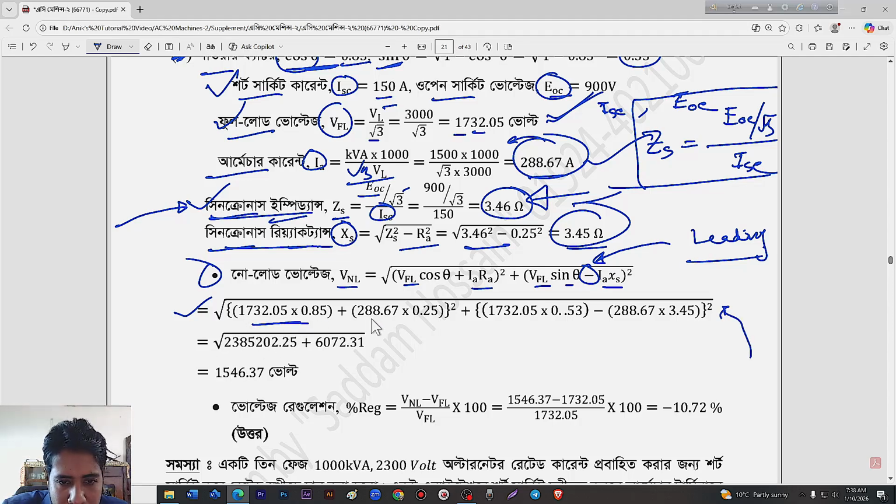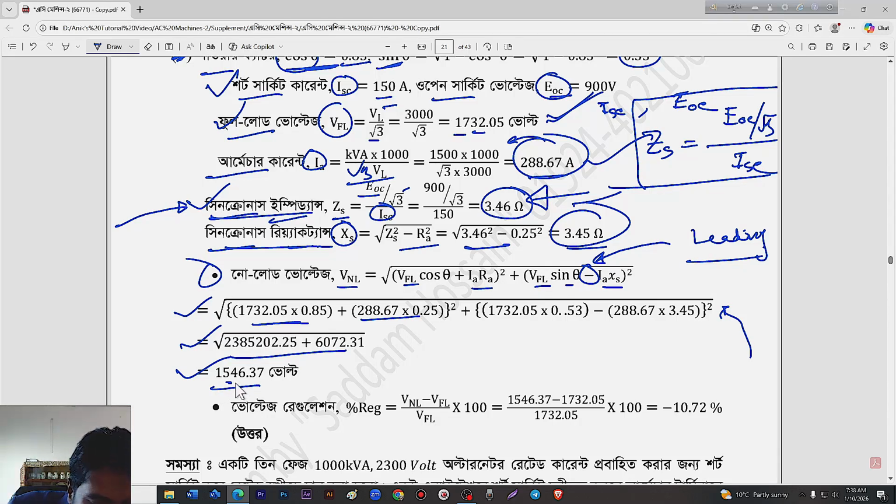If you put in these values, you get the no load voltage as 1546.37 volt, and this no load voltage will be less than the full load voltage because the system is again leading power factor.